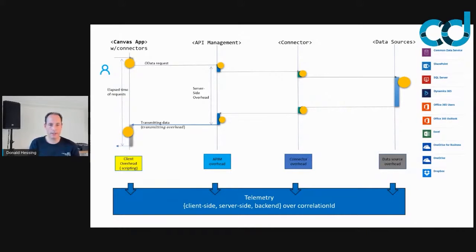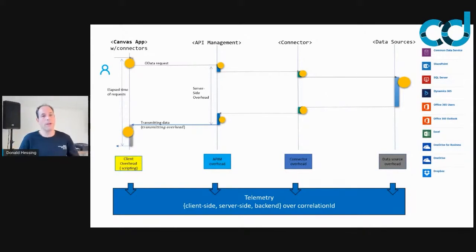A connector is basically an OData API endpoint that's being published by Azure API Management. So if the Canvas app or whatever app connects to the connector, it first goes through Azure API Management. That takes care of the security layers, but also things like throttling. So there is a bit of server overhead there.